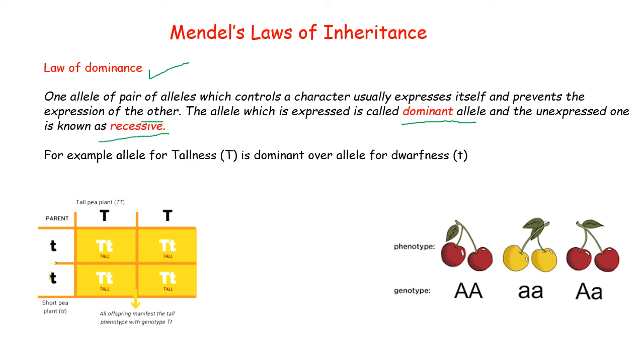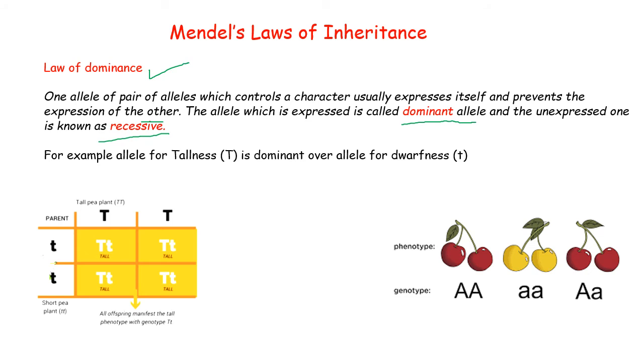In the law of paired factors, we understood that each character in an individual is coded by two alleles, and according to the law of dominance, out of these two alleles, one is expressed and another is not. The one which is expressed is known as dominant, and the one which is not expressed is known as recessive.